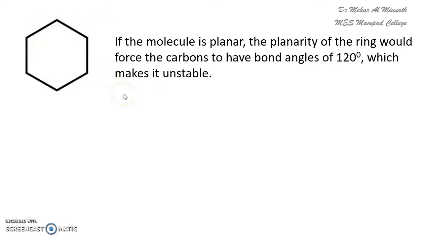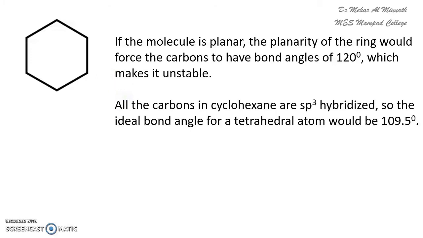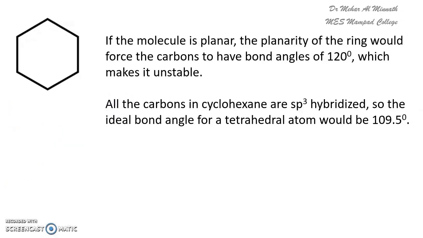But we know that in cyclohexane, all the carbon atoms are sp3 hybridized, and hence the bond angle must be 109.5 degrees, or 109 degrees 28 minutes. That's the ideal bond angle for a tetrahedral atom.